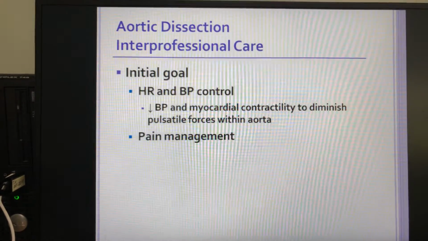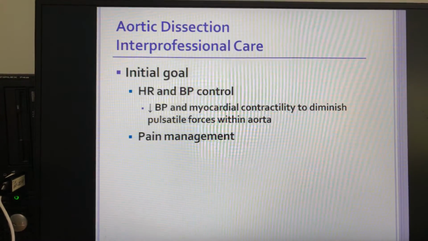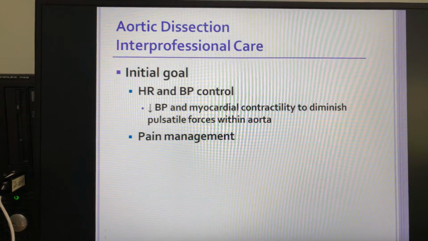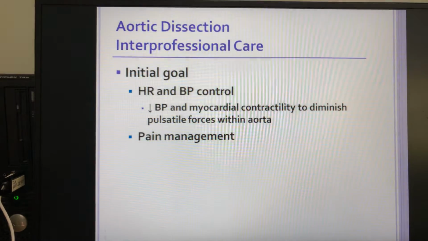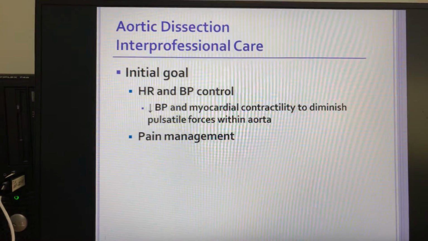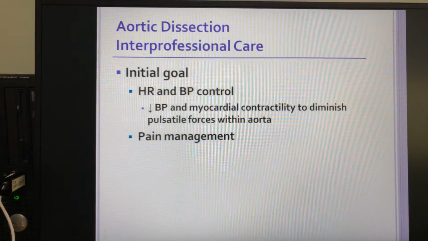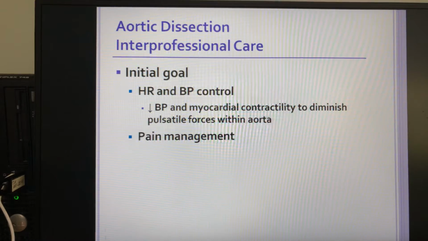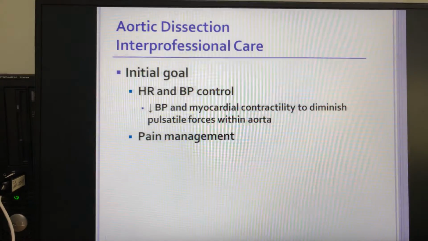And again, if the blood pressure is low, that means tissue perfusion and organ perfusion is low. And if you're not having a strong myocardial contractility, it's going to result in diminished pulses within that aorta. So that is so important to monitor that heart rate and blood pressure, and again, to manage the pain.